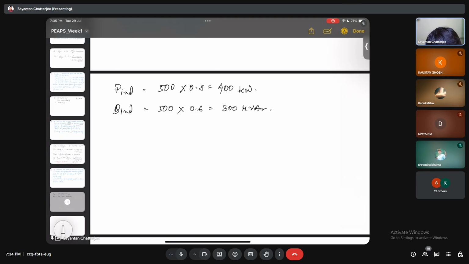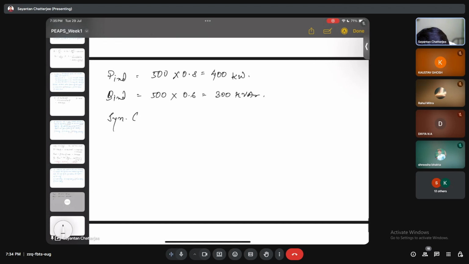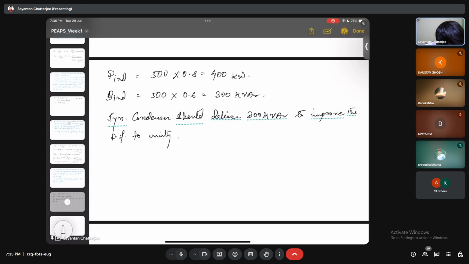To make the power factor unity, the synchronous condenser should deliver 300 kVAR. That is the aim.